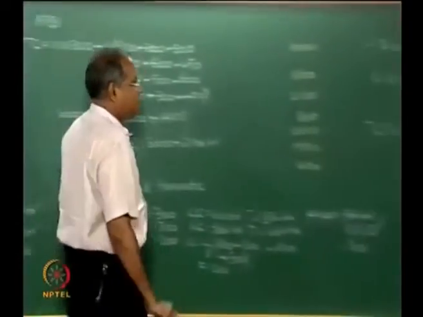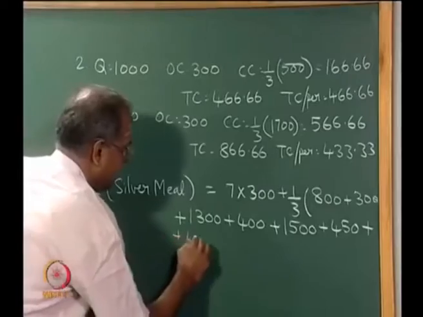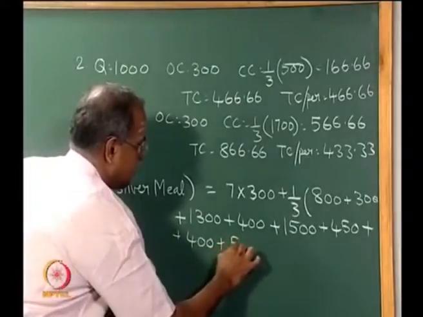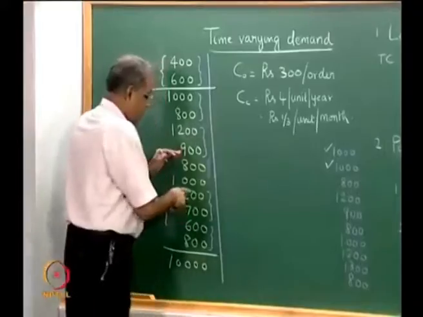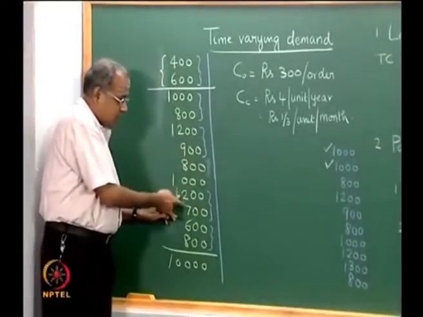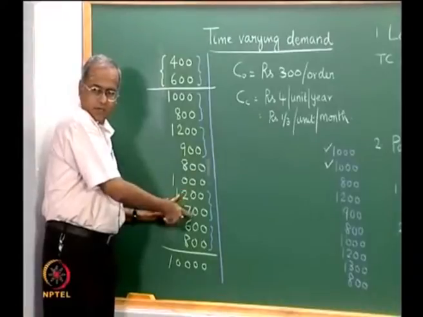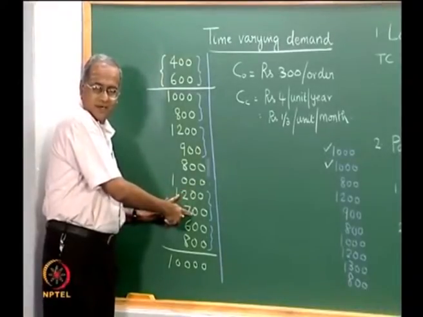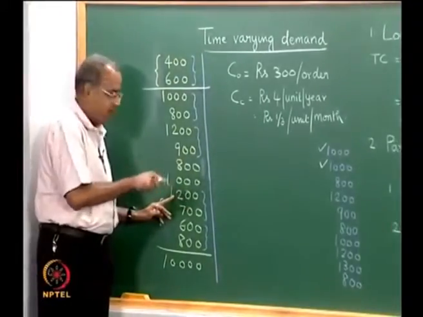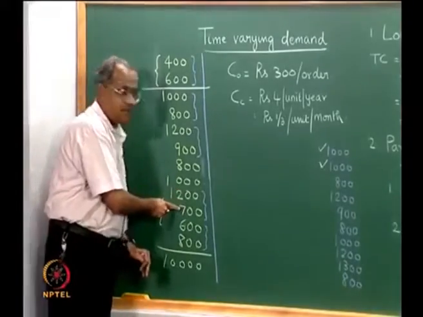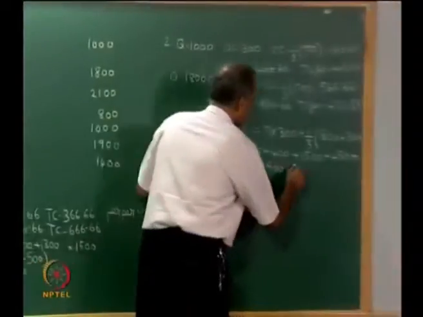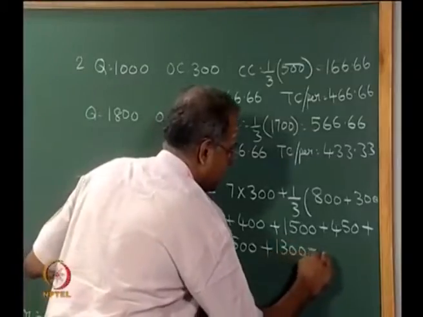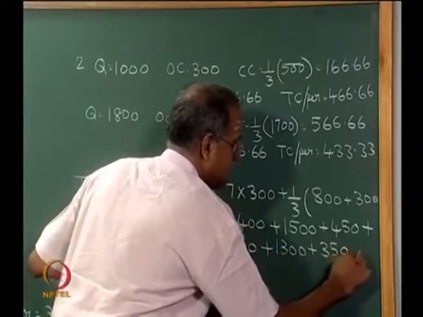So plus 400 and 500. Combining these two, I begin with 1900 plus 700 is 2600. So it is 1300 is the average, 1300, another 350.